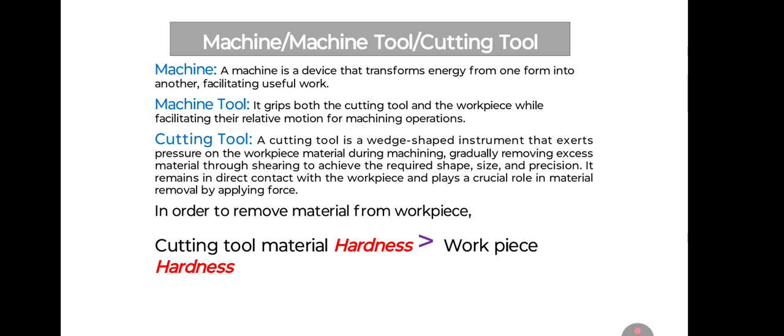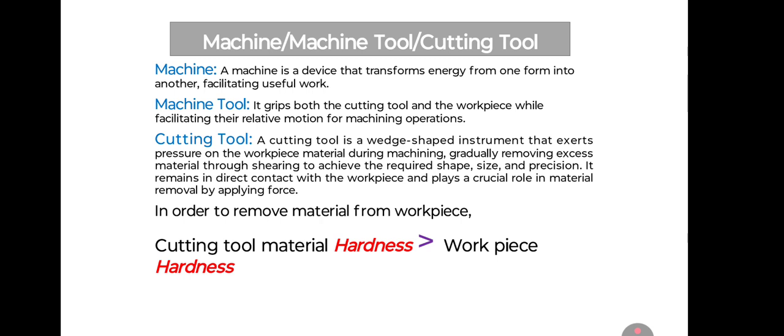But a machine tool is different. A machine tool relates to metal cutting operation. Its role is that it grips both the cutting tool and the workpiece while facilitating their relative motion for machining operation.